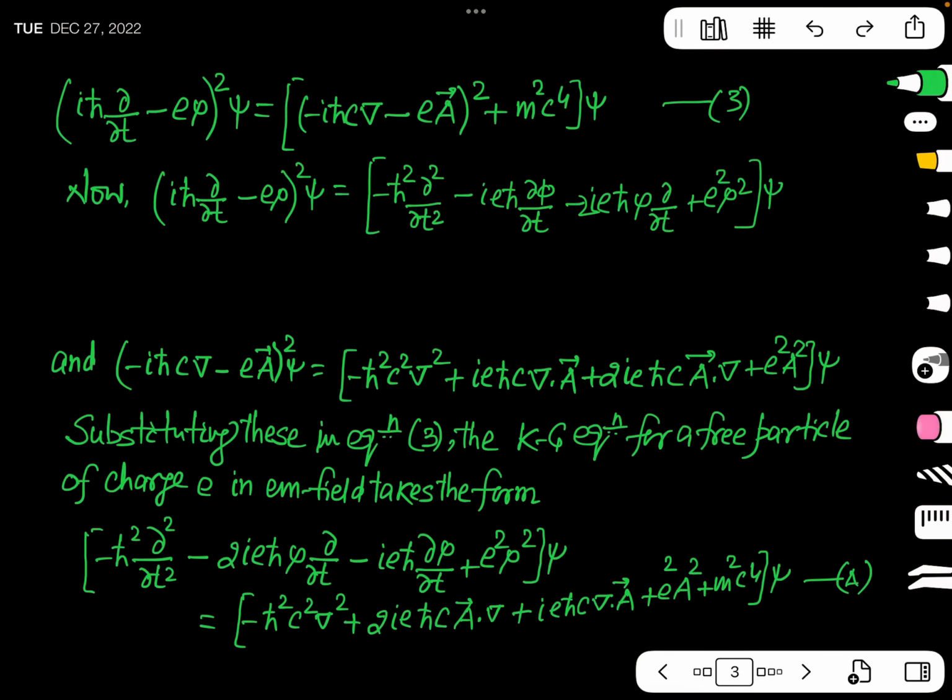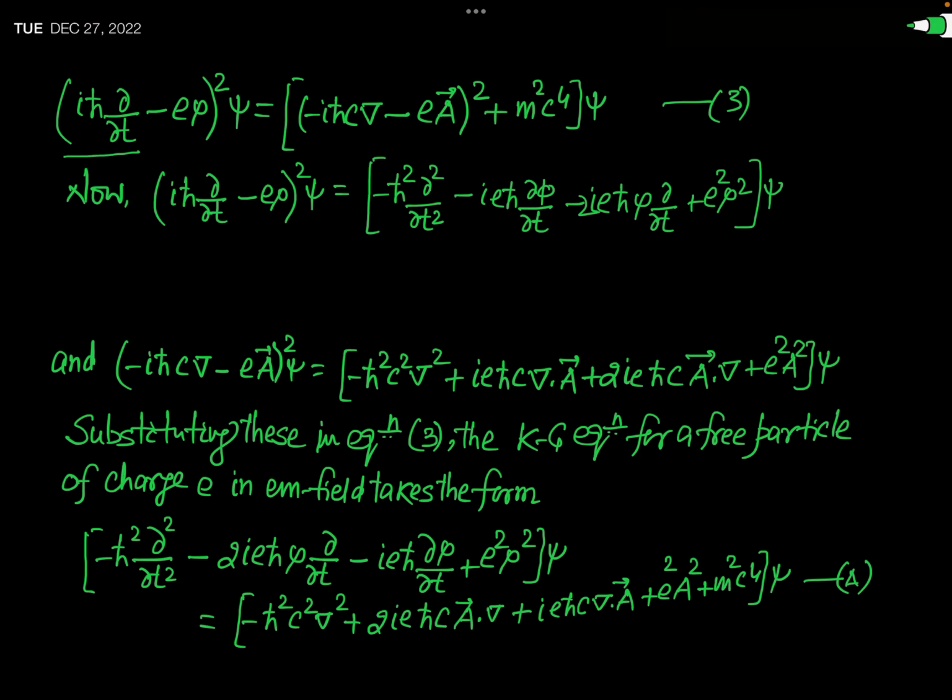So you can see the KG equation now for the particle moving in this electromagnetic field will be like this. (E − eφ) was there, but E has been replaced by iħ ∂/∂t, so (iħ ∂/∂t − eφ)² operated on this function psi. Mark this: psi is a relativistic wave function.